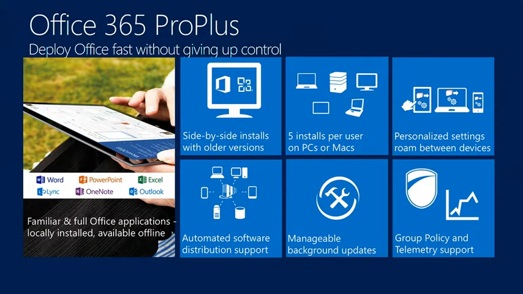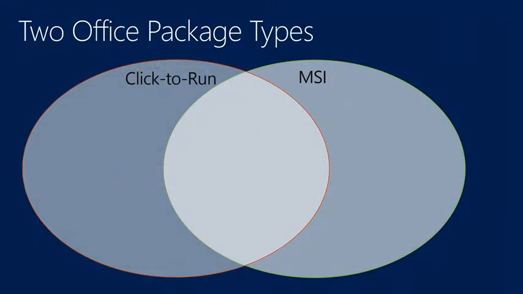So Office 365 ProPlus for the Windows client also represents a lot of effort for us to simplify that approach, to make it just as easy as clicking a website or going to an app store and installing very easily there as well. So first thing to think about, in Office 365 ProPlus, we call this a Click-to-Run package.